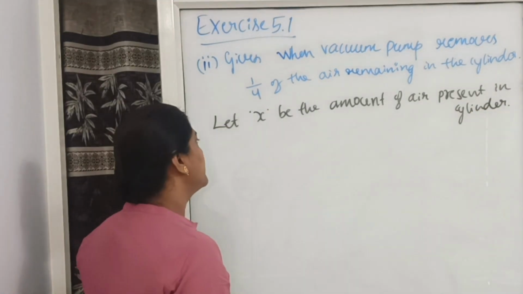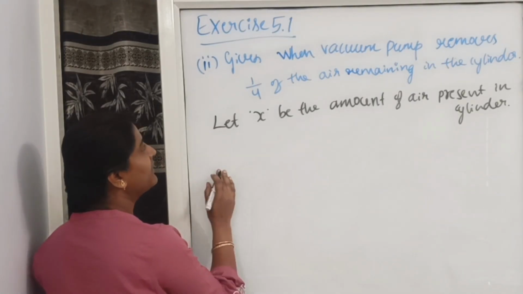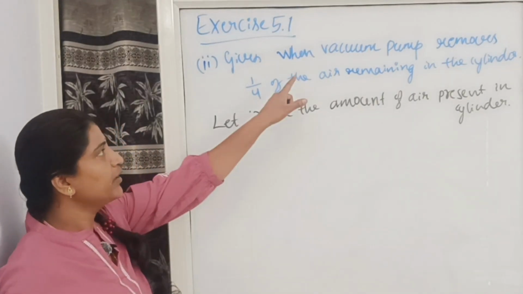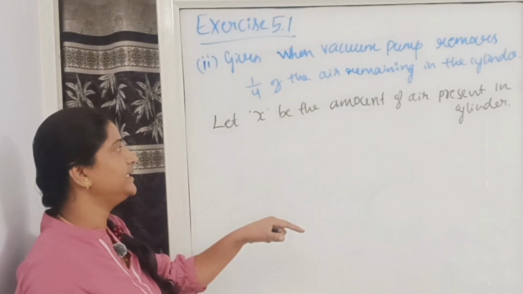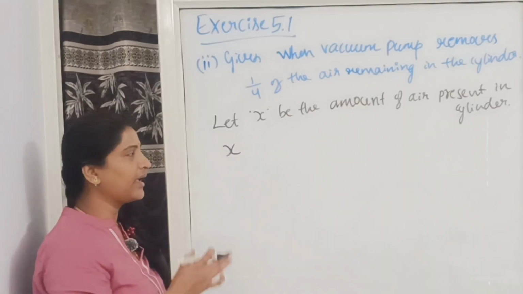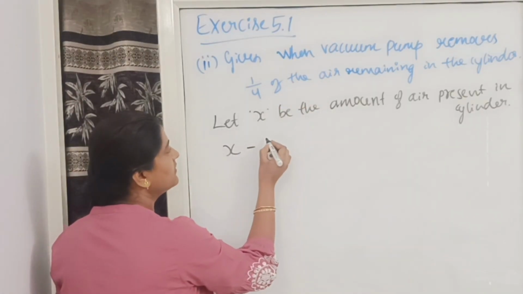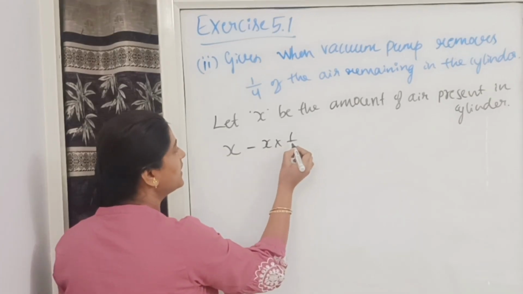So the first time, the vacuum pump removes 1/4 of it. The air is x quantity already, so 1/4 of it means x into 1 upon 4.